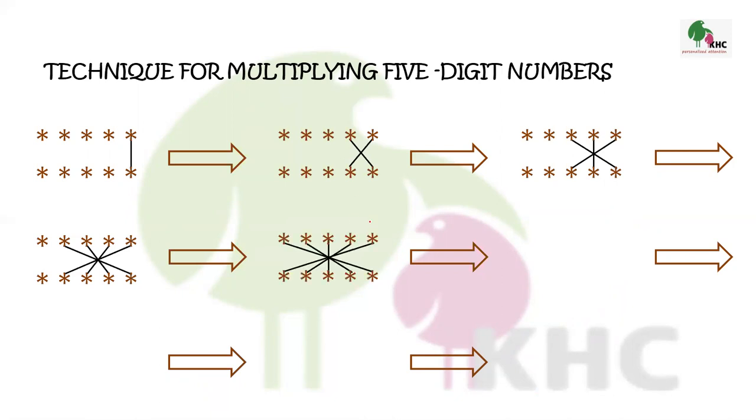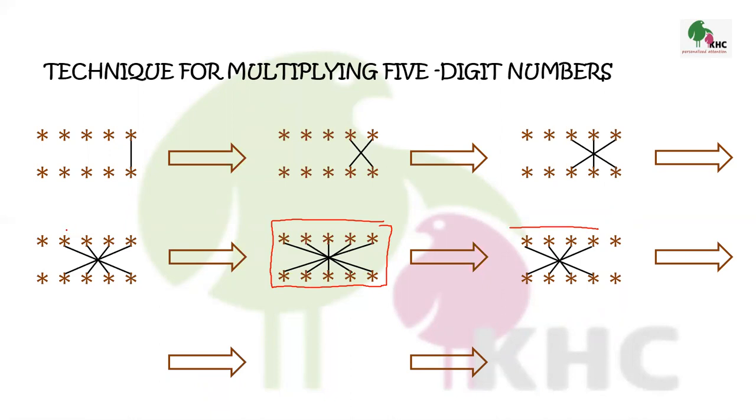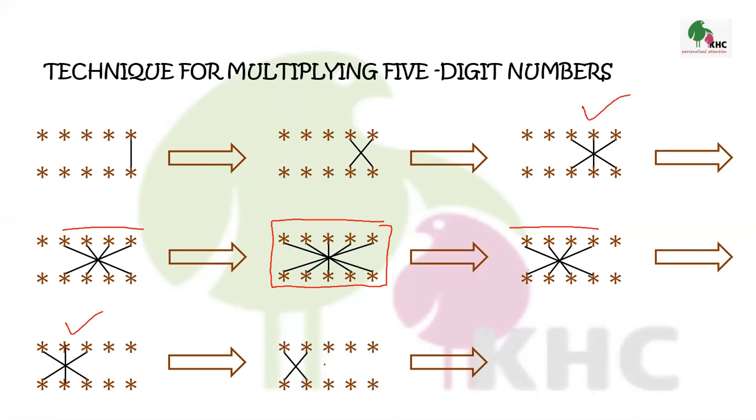Now you see this is the most unique step. In the sixth step, 4 digits are involved, like in the fourth step. Again, you see this is the mirror image. This one is the mirror image of the second one, and the last one is the mirror image of the first one.